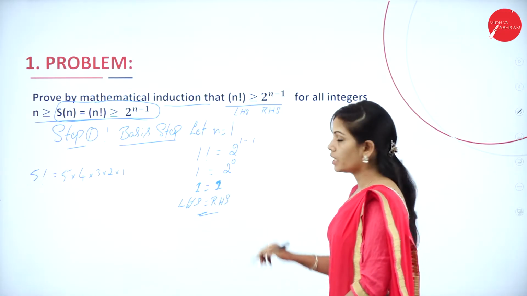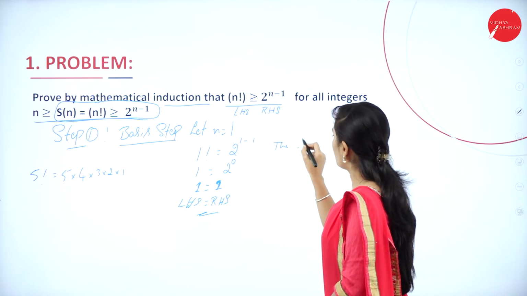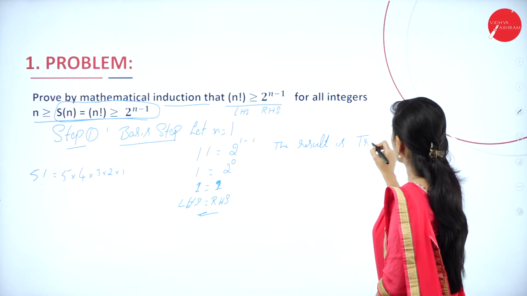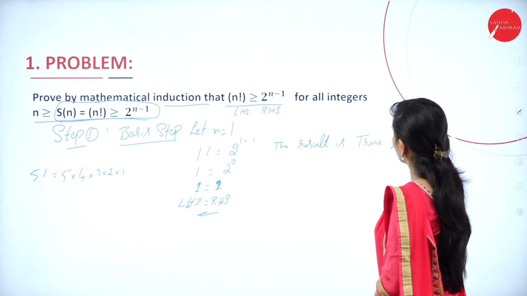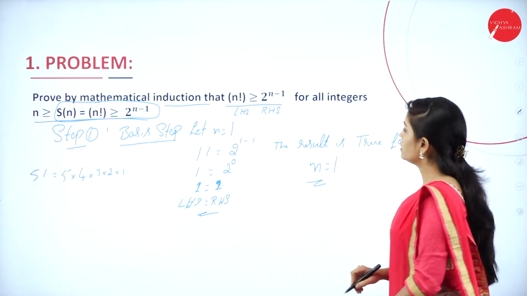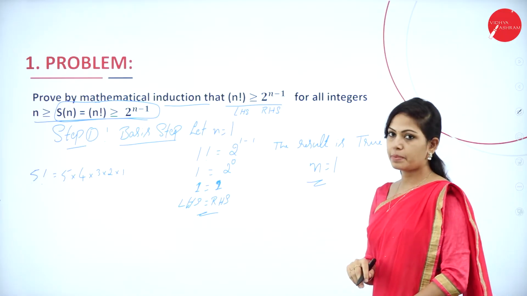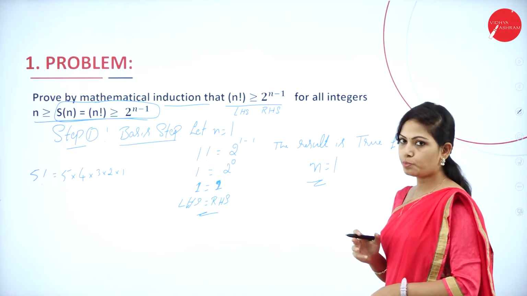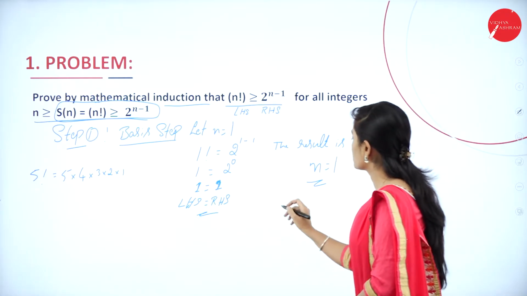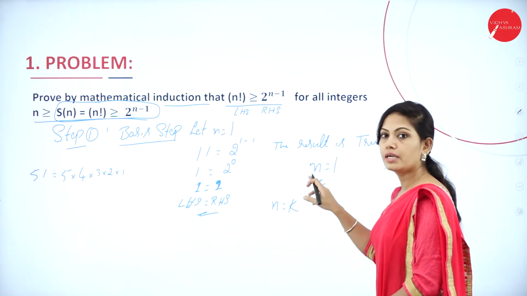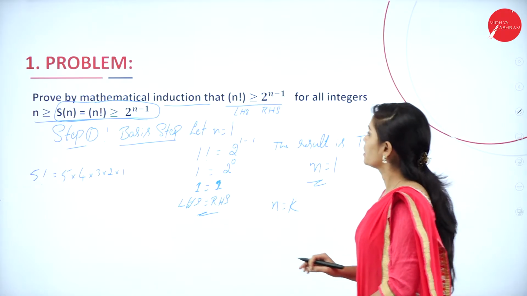We have proved the result is true for n equals 1. Clear? Now the second step is the inductive method. In the inductive method, you have to assume the result is true for n equals k.